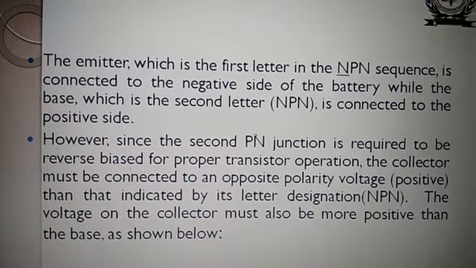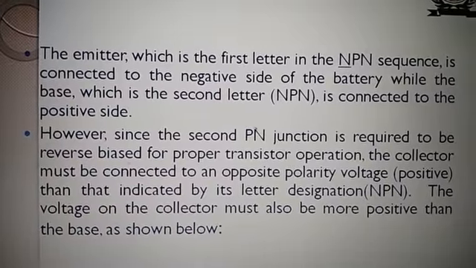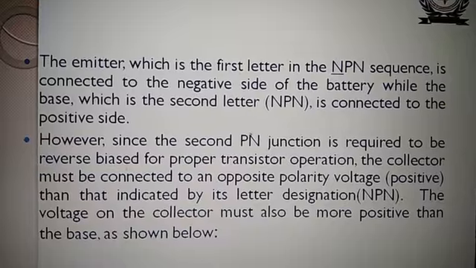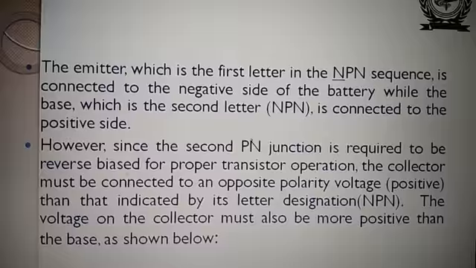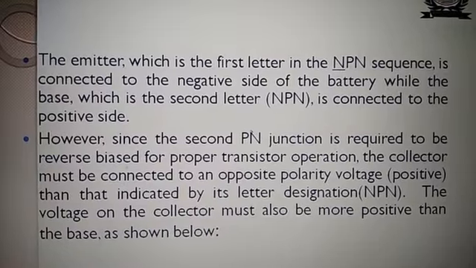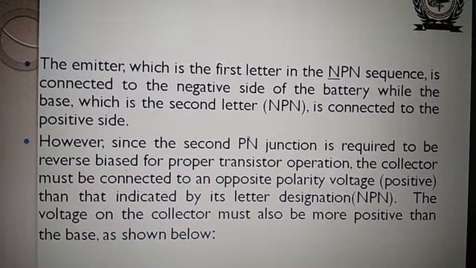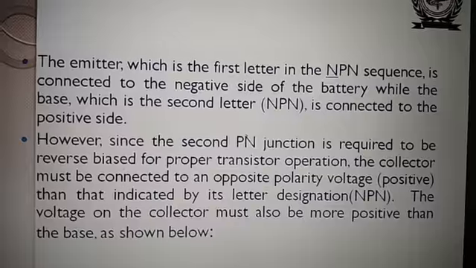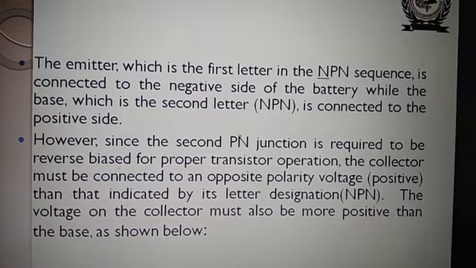However, since the second PN junction is required to be reverse bias for proper transistor operation, the collector must be connected to a voltage of opposite polarity, positive, than that indicated by its letter designation. The voltage on the collector must also be more positive than the base, as shown below.